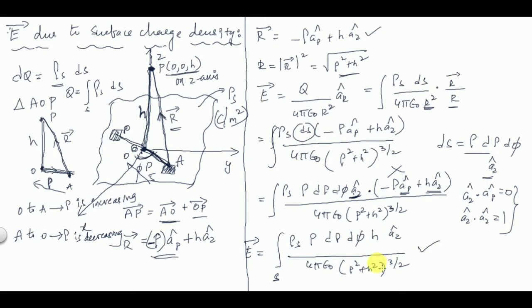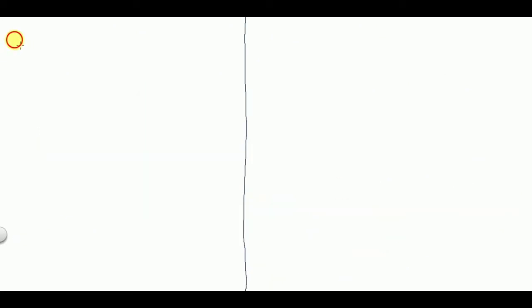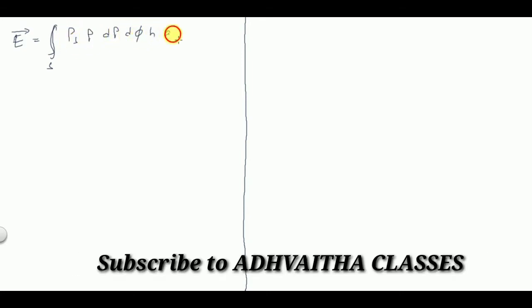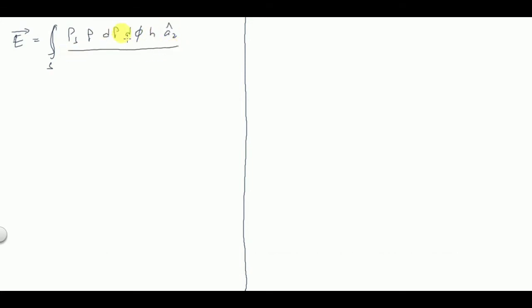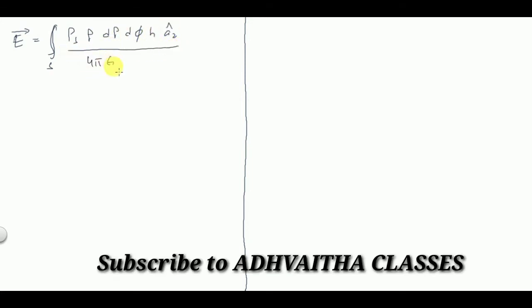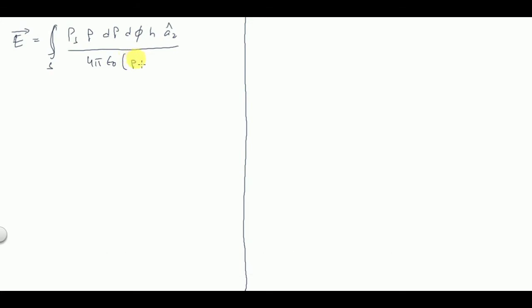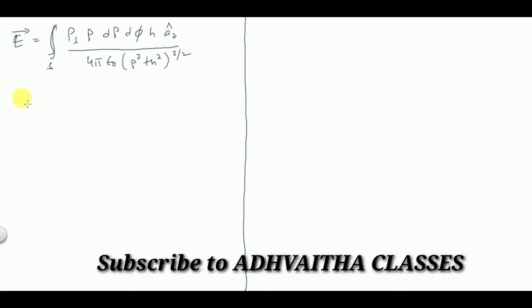Okay, so right, we have now got E bar as integral over S of rho S rho d rho d phi H a_Z cap divided by 4 pi epsilon naught into rho square plus H square whole to the power of 3 by 2.